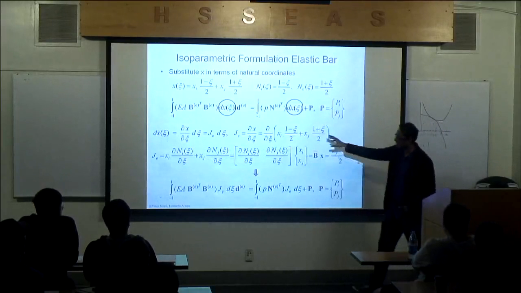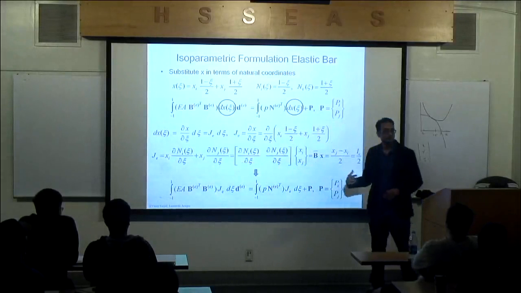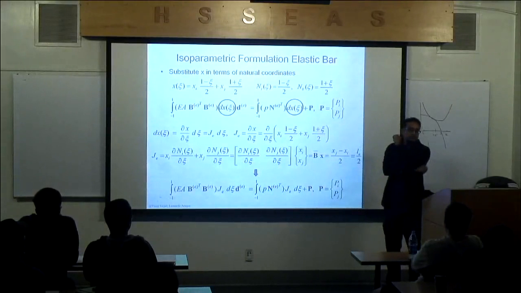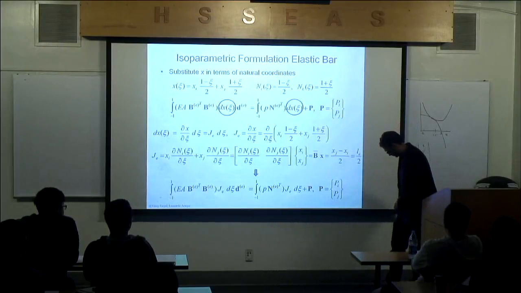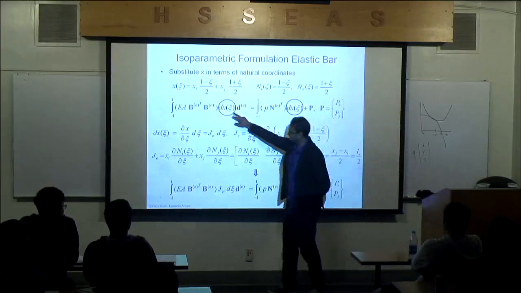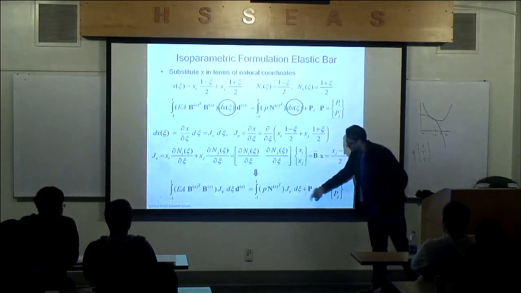So all these calculations give me j equals L divided by 2. Okay. So now I have this dx turning into j dc.